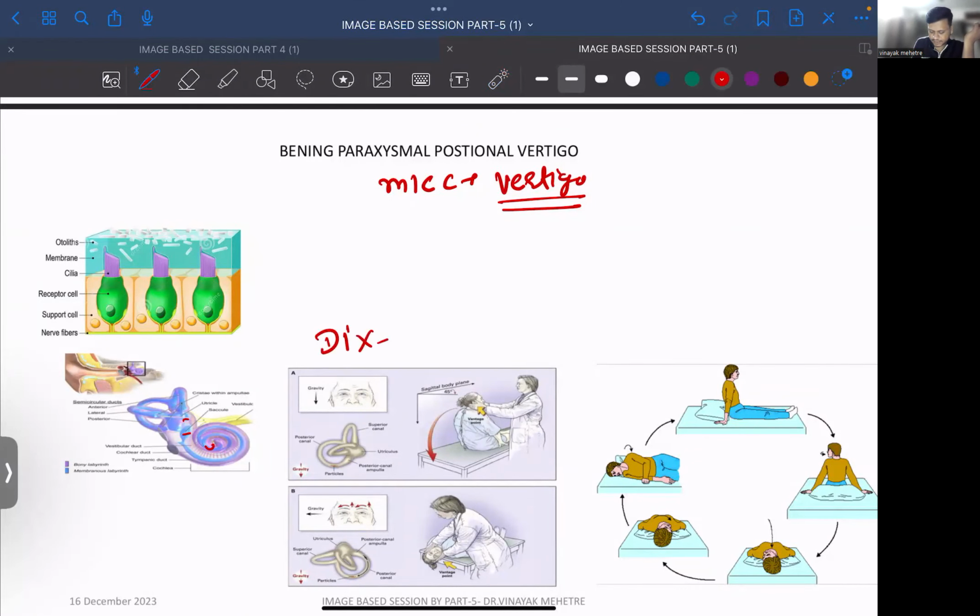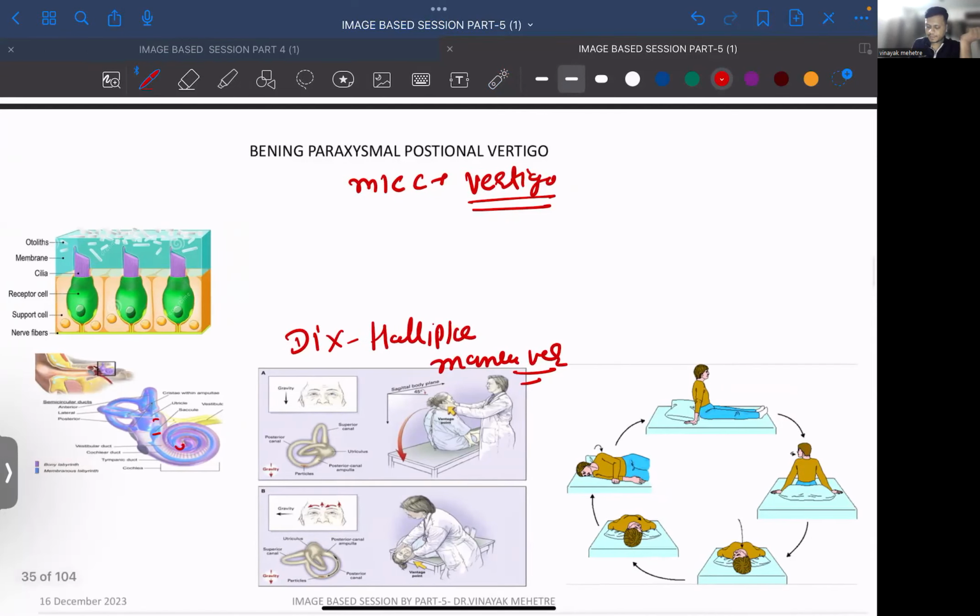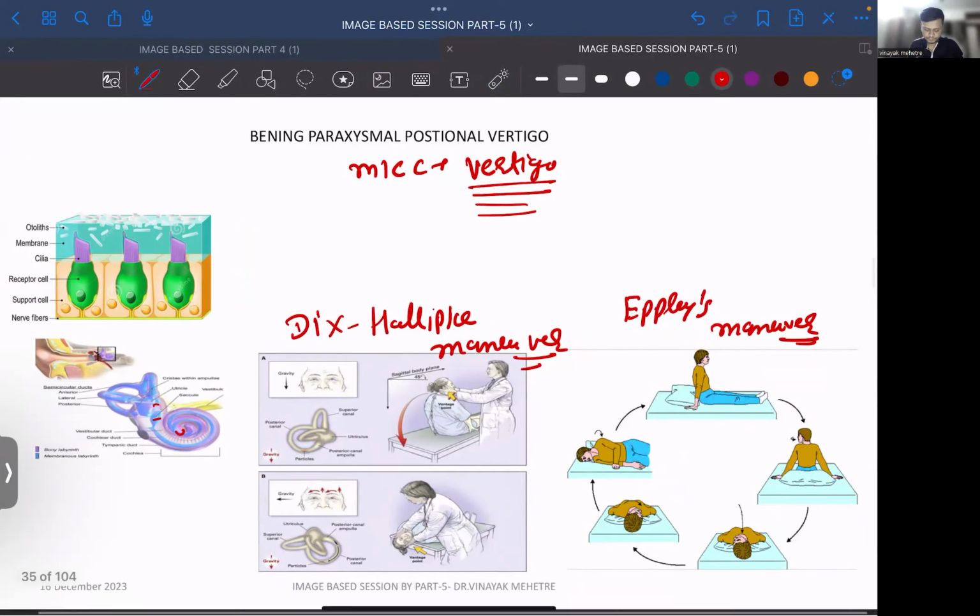That is the Dix-Hallpike maneuver. Treatment is to apply the maneuver. Do we need to give anything? No. The otolith went out, bring it back. So vertigo will decrease. That's it. This is the treatment.